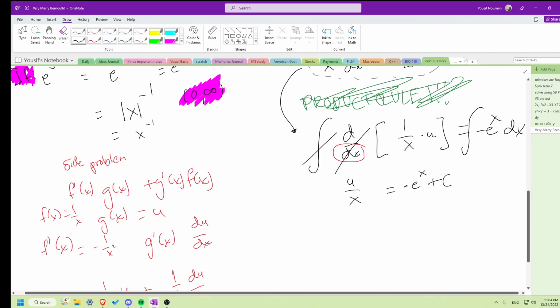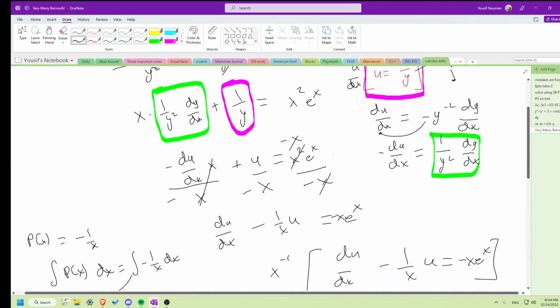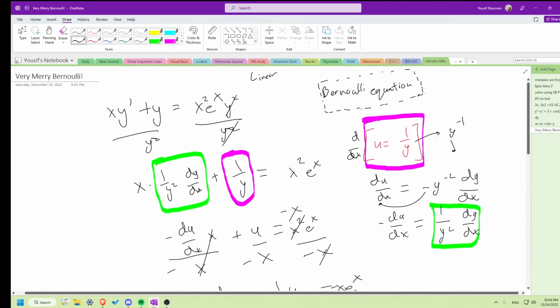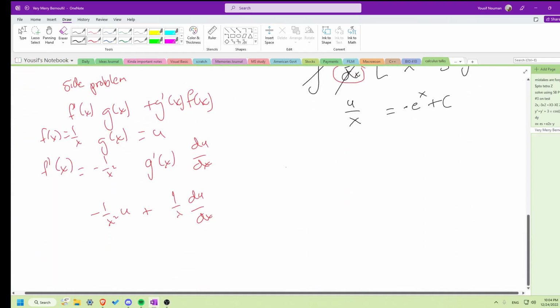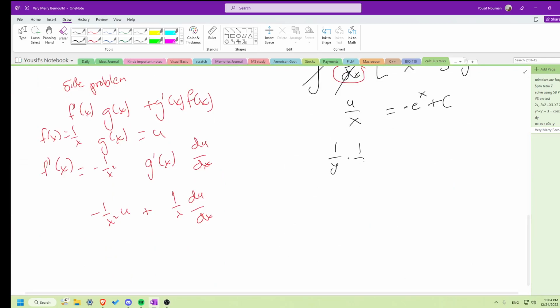And now we go back. What was our u? Our u was y to the negative 1. So it is 1 over y times 1 over x is equal to negative e to the x plus c.